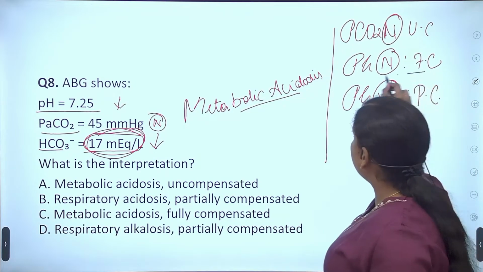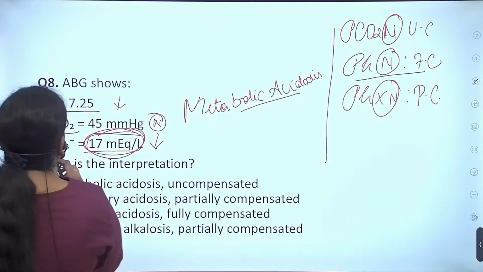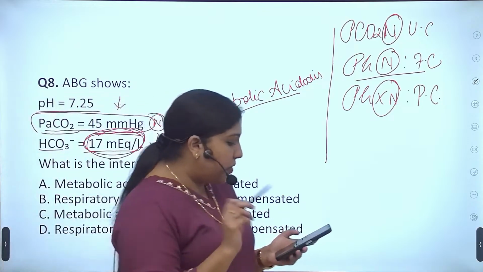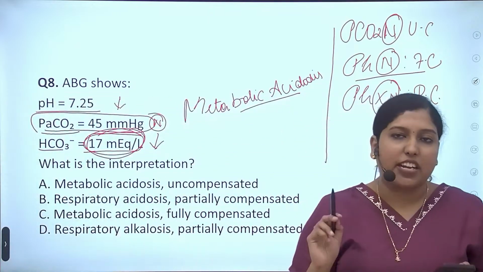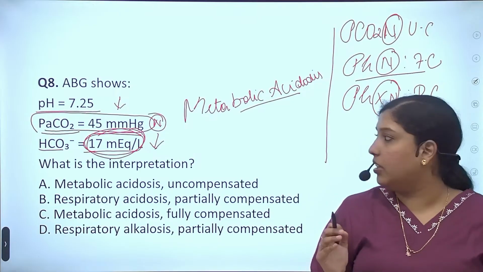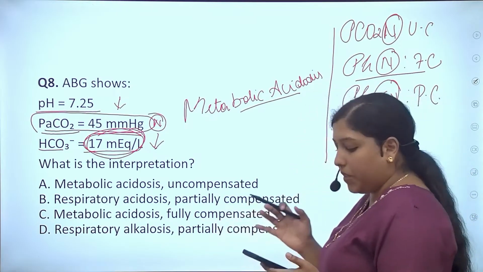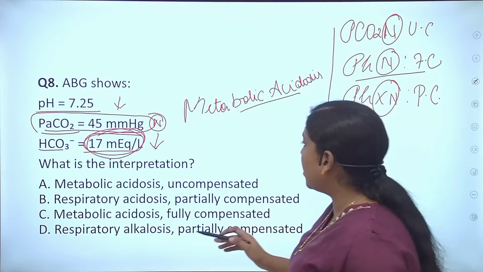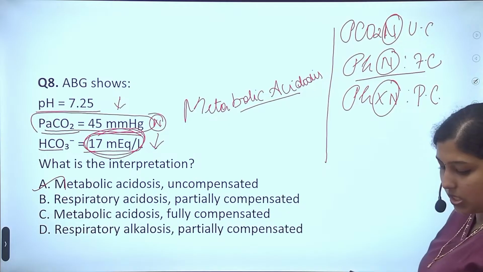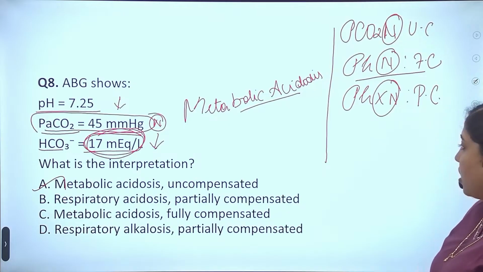Here the PaCO2 is maintained normal, which means the respiratory system is not taking any action to do the compensation and maintain the acid-base state. So the answer is uncompensated metabolic acidosis.